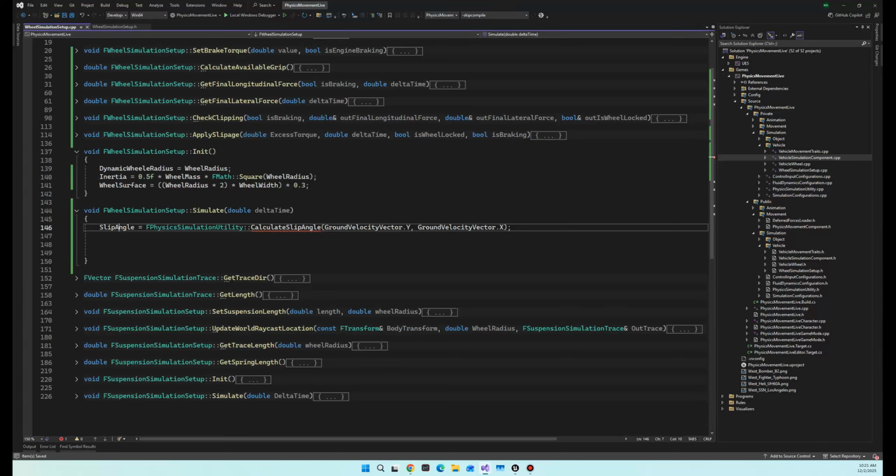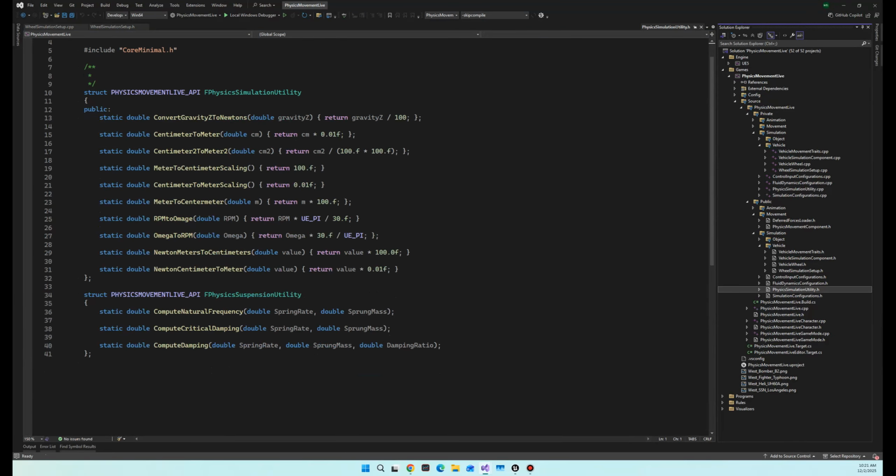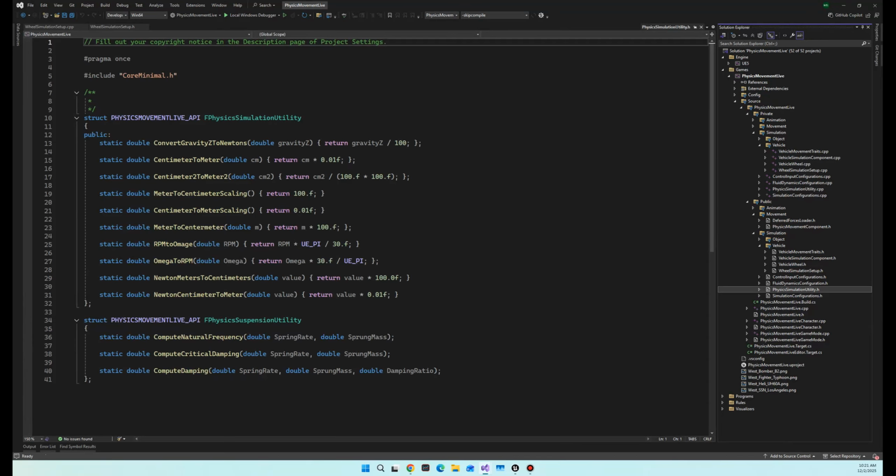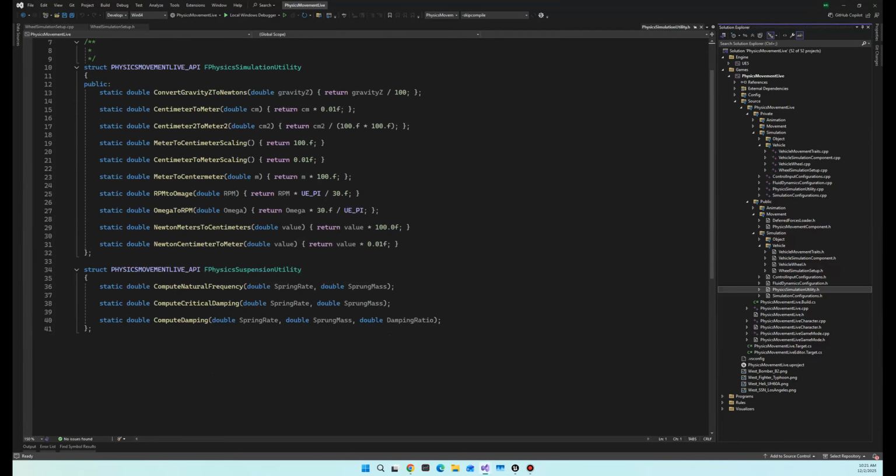Let's find our utilities function, the physics simulation utility. As you can see here, we've been building out some utility functions. These are just static functions that we can use to create some very simple calculations for scaling.